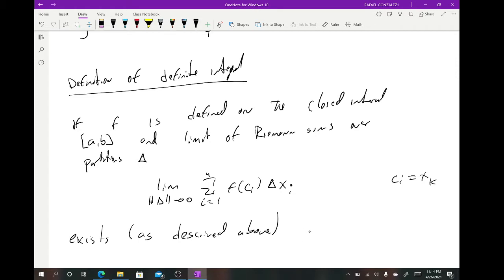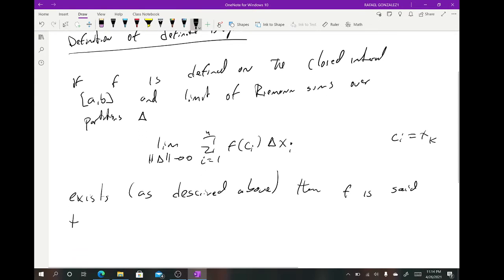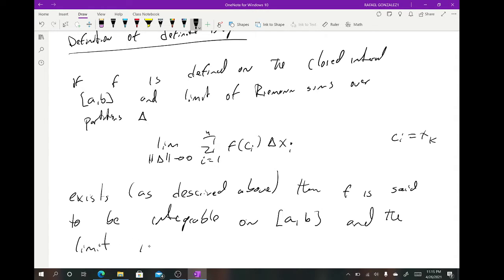then f is said to be integrable on the closed interval [a, b], and the limit is denoted by the following.